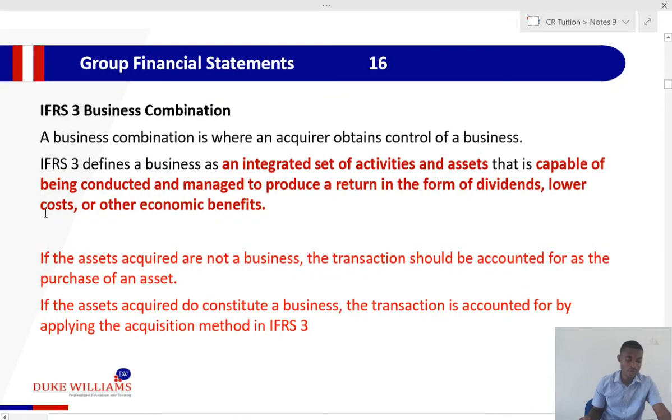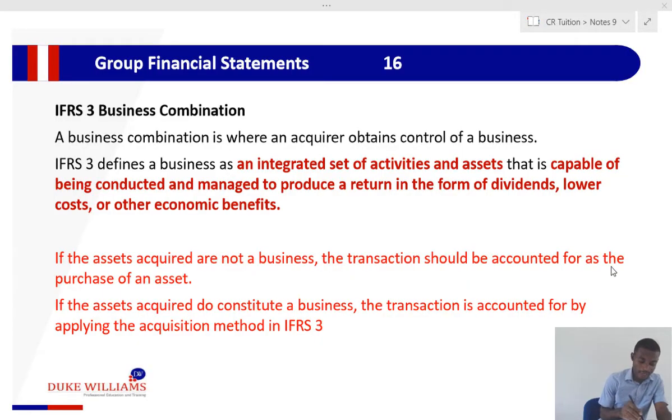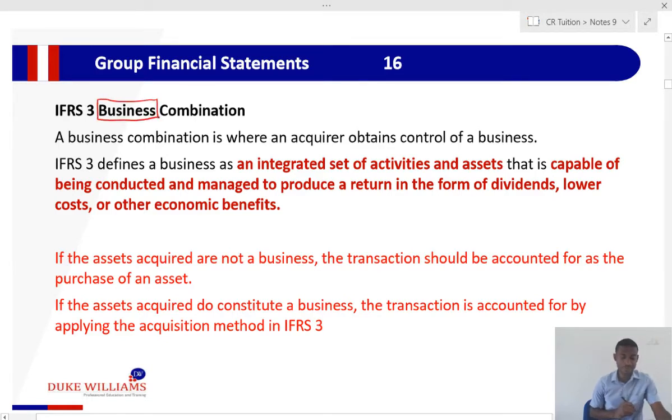Now let's go to IFRS 3, business combination. What is the principle of the acquisition method? What is a business? In IFRS 3 business combination, you see the focus is that there should be a business acquisition before we can apply the principles of IFRS 3.